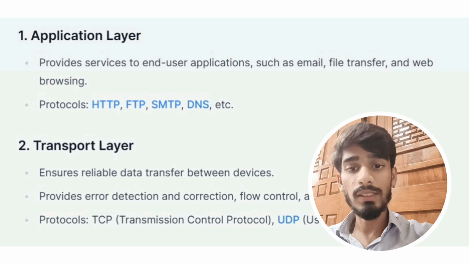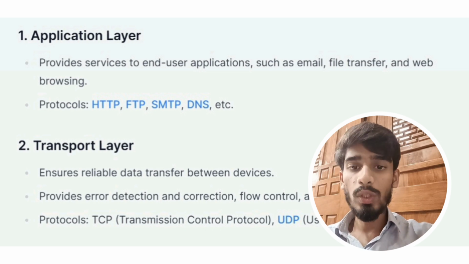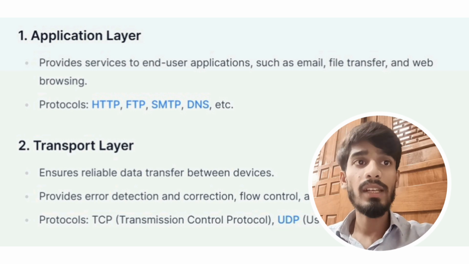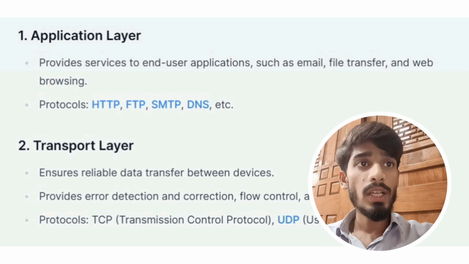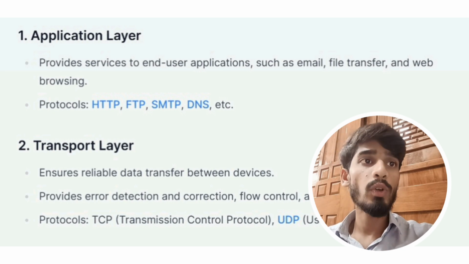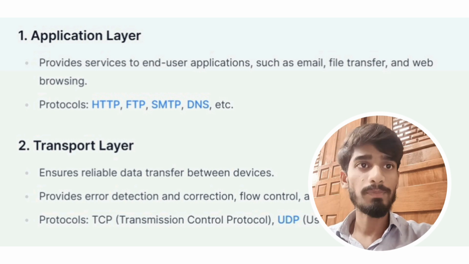The second layer is the transport layer. It ensures reliable data transfer between devices. It provides error detection and correction, flow control and congestion avoidance. Protocols like TCP, Transmission Control Protocol, and UDP, User Datagram Protocol, are used by the transport layer.